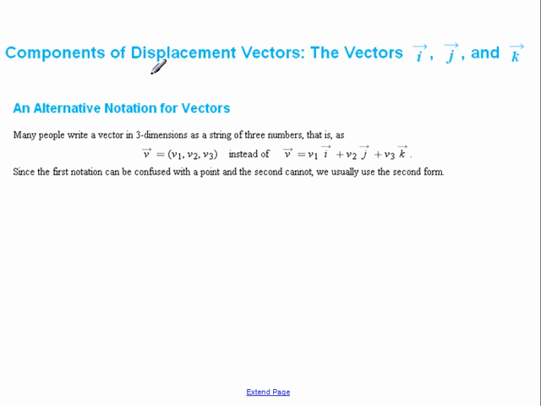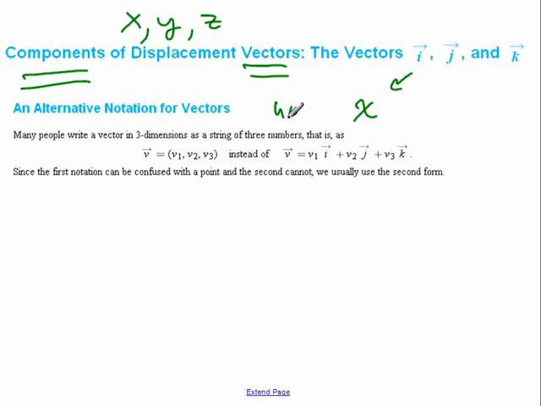Okay, so we want to be able to take a vector and break it up into its components. By components, we're talking about the x, y, and z directions. And we know about unit vectors. i is a unit vector in the x direction, j is in the y direction, and k is in the z direction.